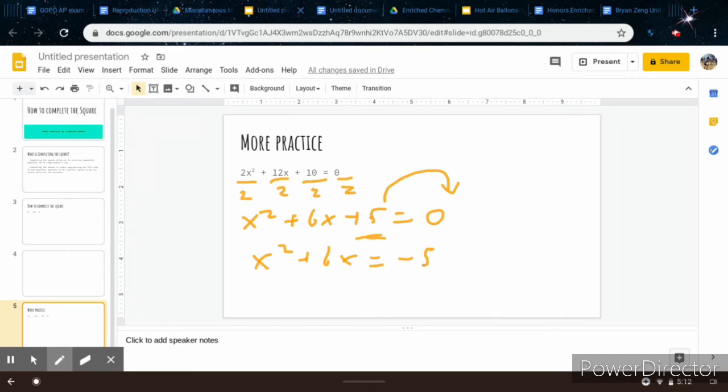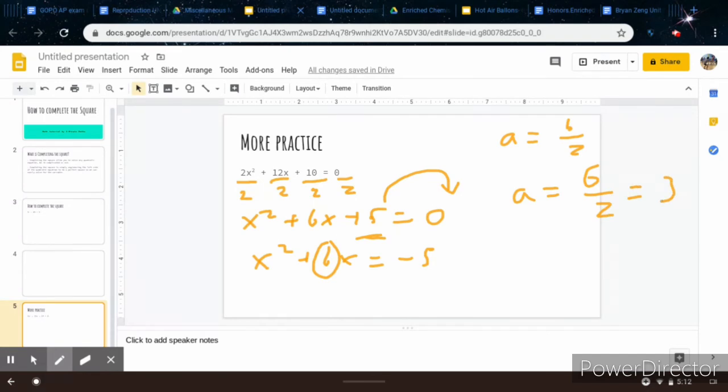Using the shortcut I mentioned earlier, we can call this 6 term b, and we have our equation a equals b divided by 2. In this case, b equals 6, so we plug that in. So a equals 6 divided by 2, therefore a equals 3.